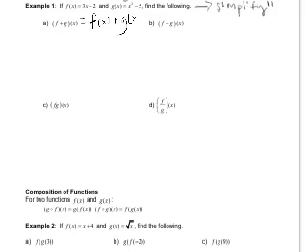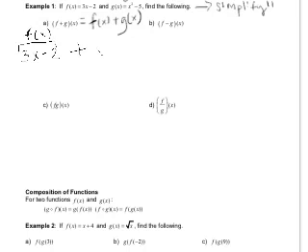It just seems more obvious as to what I am doing. So I take that f of x function, which is 3x minus 2, and I'm going to add it to g of x, which is x squared minus 5.